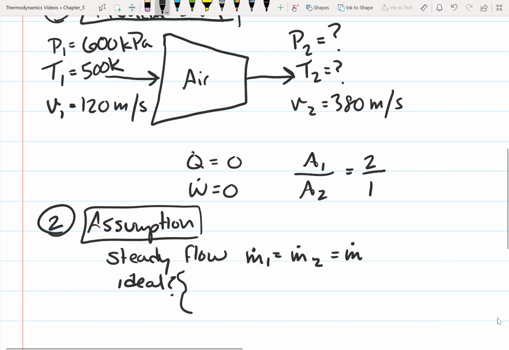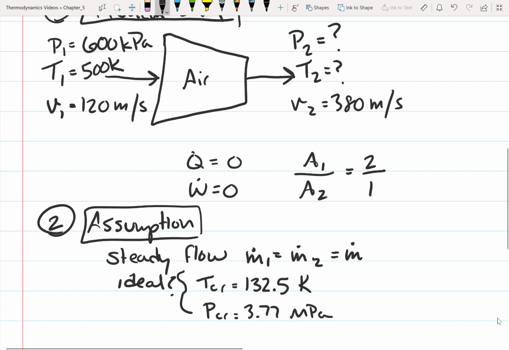But let's write down the critical temperature and pressure for air so that we can verify whether this air can be treated as an ideal gas. The critical temperature of air is 132.5 Kelvin, and this is something you will look up on a table. The critical pressure of air is 3.77 megapascals.